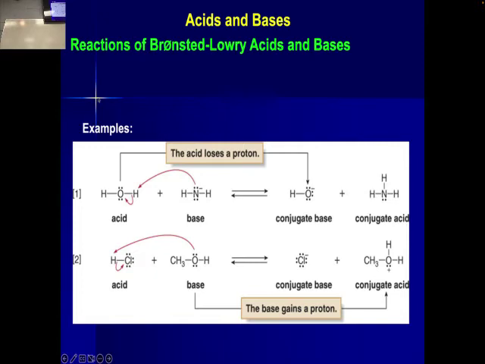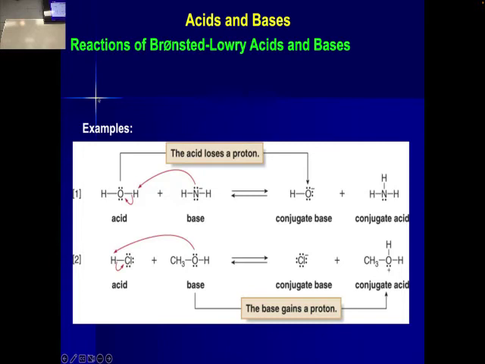What do we know about the oxygen-hydrogen bond? Is it polar, nonpolar, covalent, ionic? Polar covalent. Why is it polar covalent? Because oxygen is more electronegative than hydrogen. That's right. So this is more electronegative. This is more electropositive. And we use a little Greek symbol delta. So it's got a dipole.